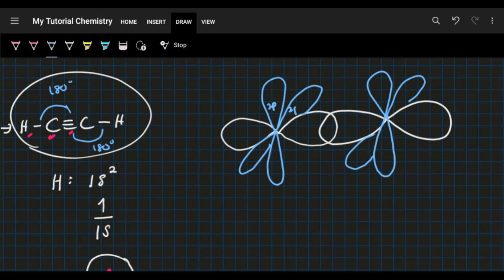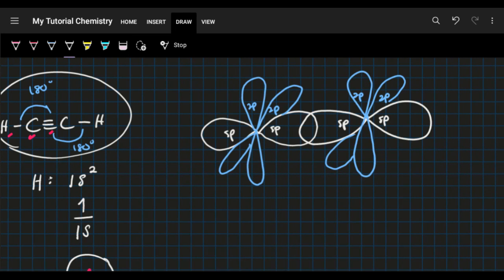This is 2p, 2p, 2p, 2p. These are the sp orbitals, sp, sp, sp. And hydrogen will form 1s here, 1s, 1s, 1s, and each overlapping area has electrons of opposite spin.